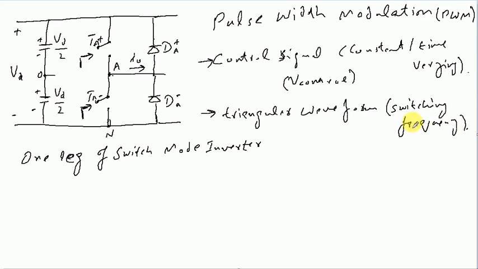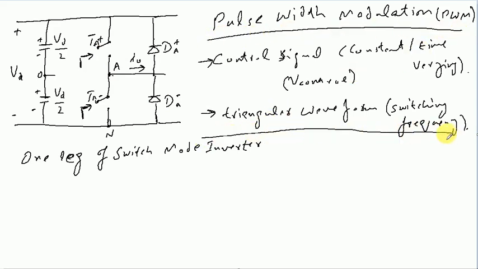By switching frequency, we mean the frequency with which these switches are switched on or switched off. So basically in this pulse width modulation scheme, we take the comparison of the above two signals, this control signal and the triangular waveform.